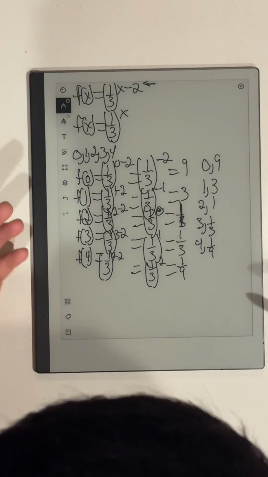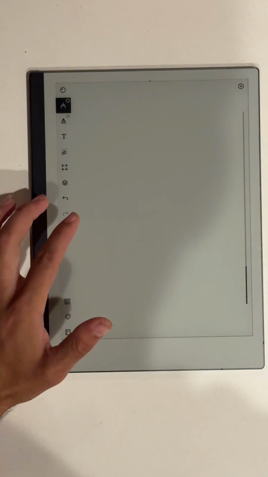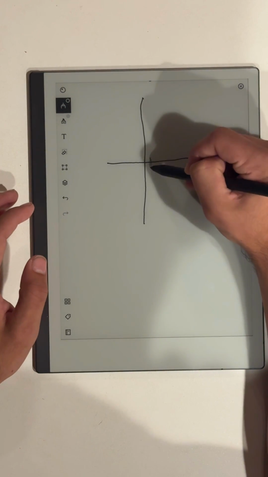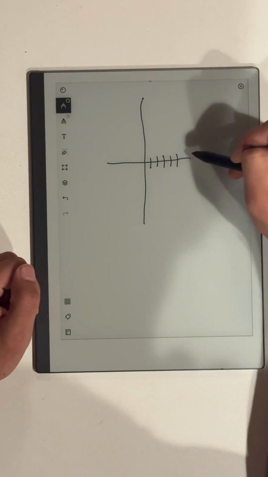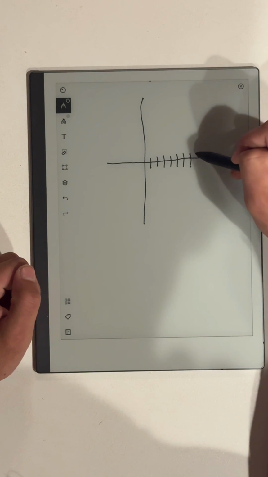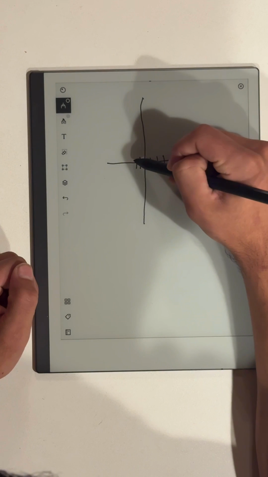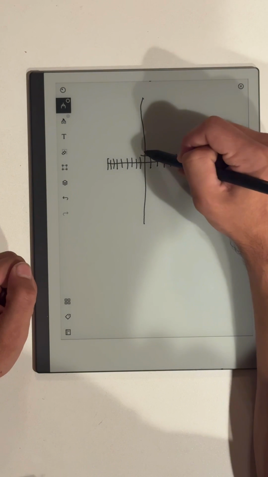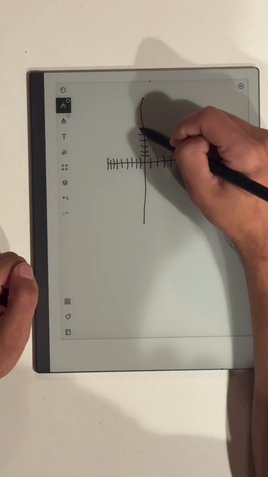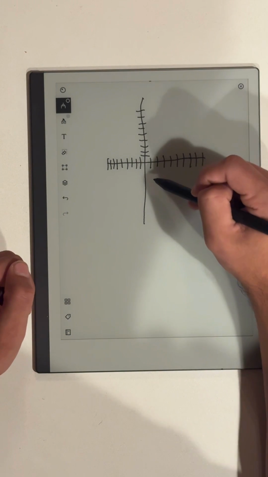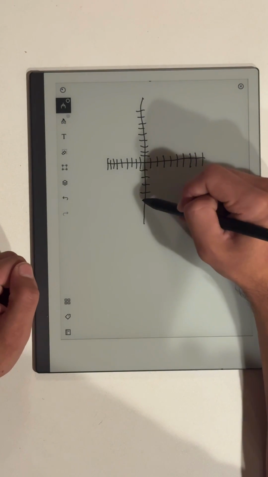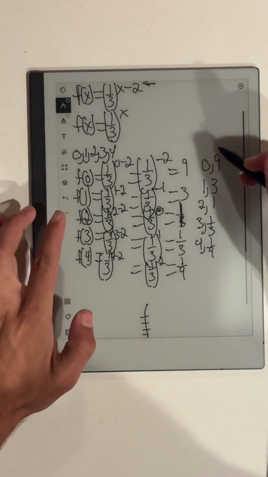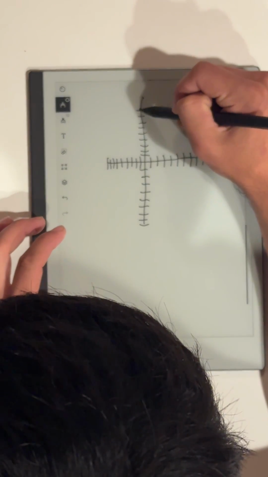So now we're going to want to plot the exponential function. So we're going to plot it. Let's see. So our first point is going to be (0, 9).